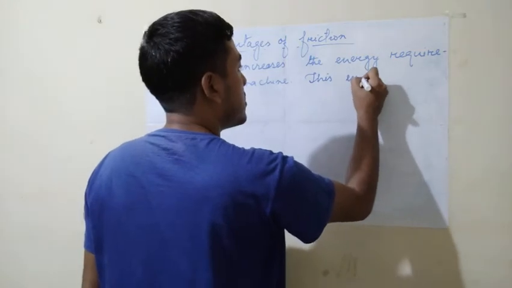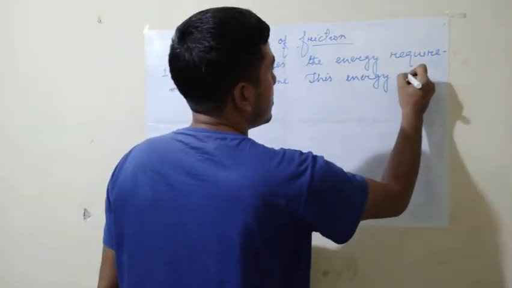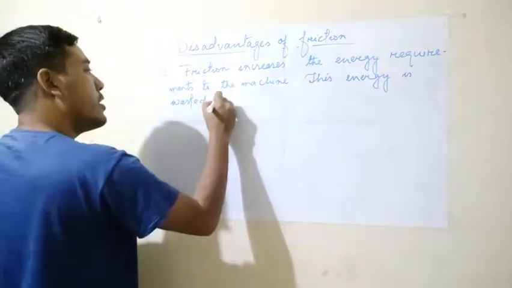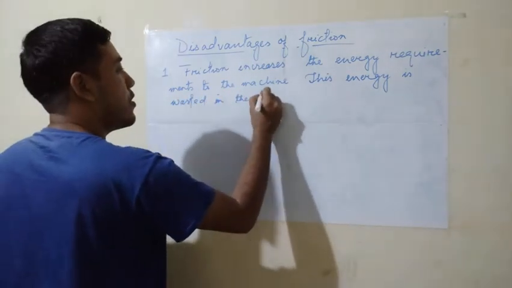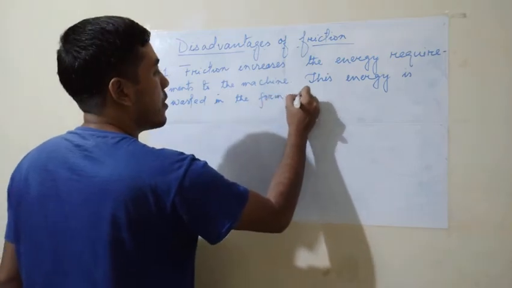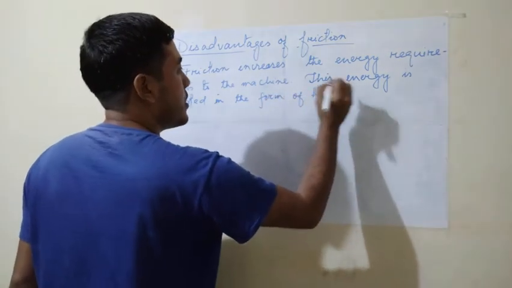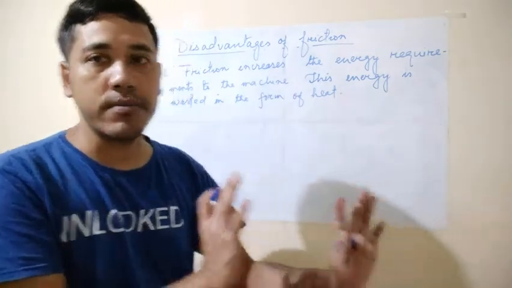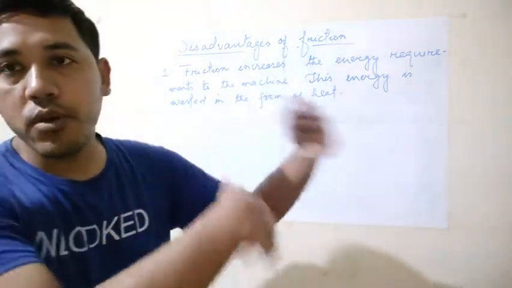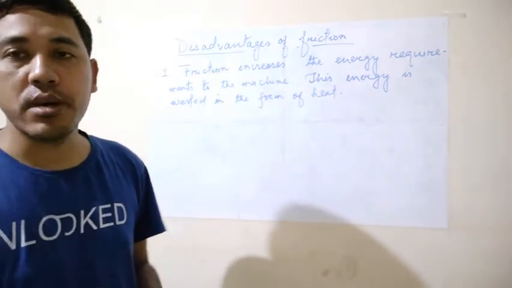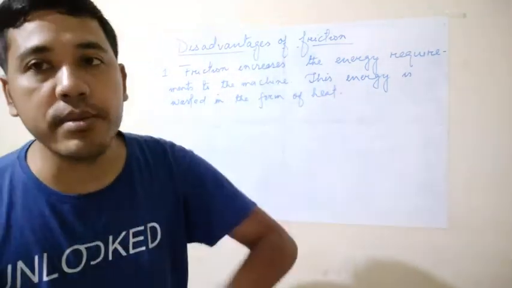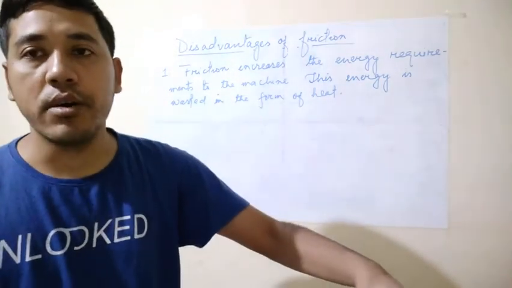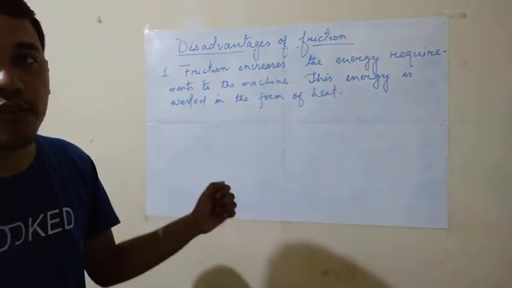This energy is wasted in the form of heat. Because of friction, a large amount of energy is required to overcome the force of friction. Because of that, the energy requirement of the body increases, and this energy is wasted in the form of heat energy. This is the first point.